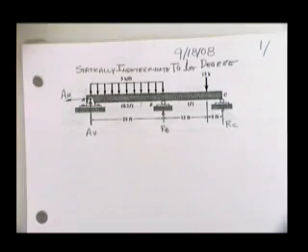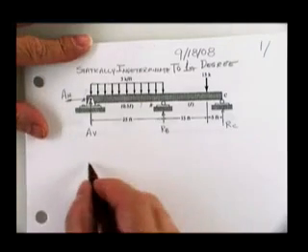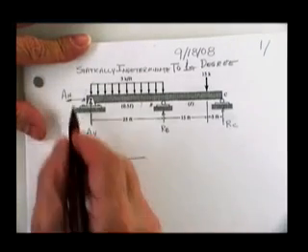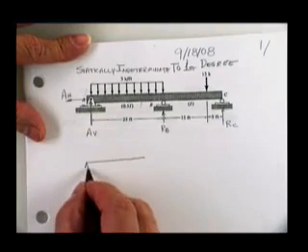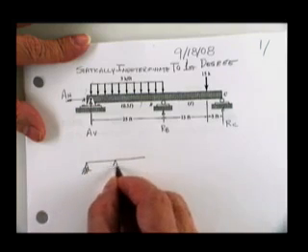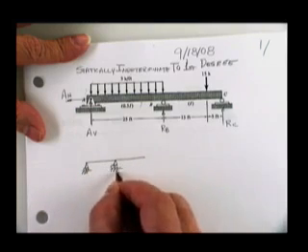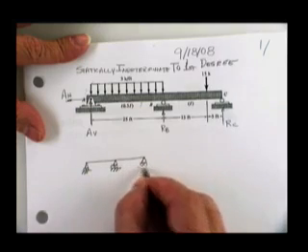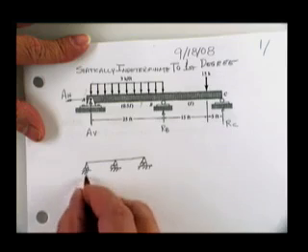Now all you have to do is extract a reaction of your choice. Please don't make the structure unstable when you release or remove one of the unknown forces. For example, if you take off A horizontal, you have a roller. You have a new force.